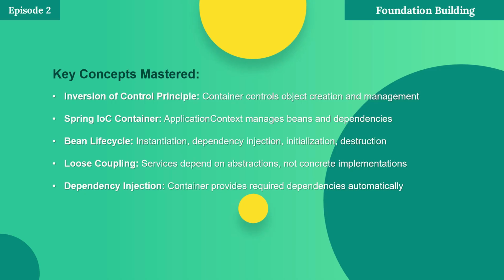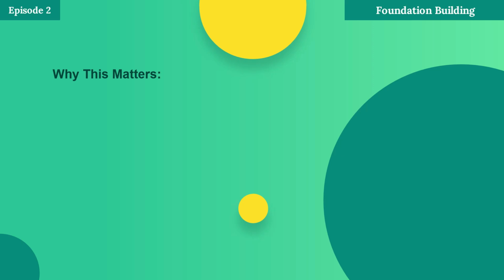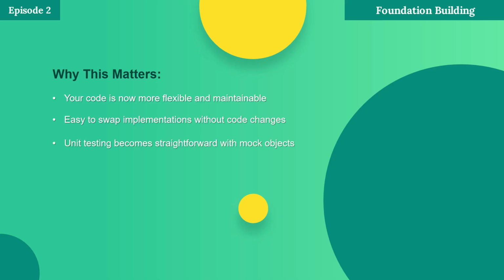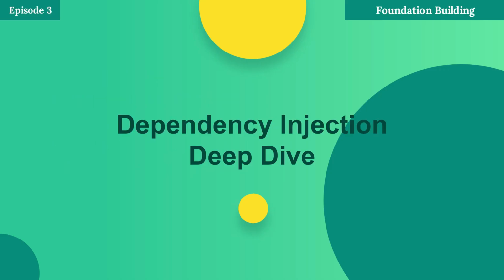So stay tuned. Now, why does this matter? Your code is now more flexible and maintainable. It is easy to swap implementations without code changes. Unit testing becomes straightforward with mock objects. The foundation for all advanced Spring features has been laid. In episode 3, we will dive into dependency injection patterns.